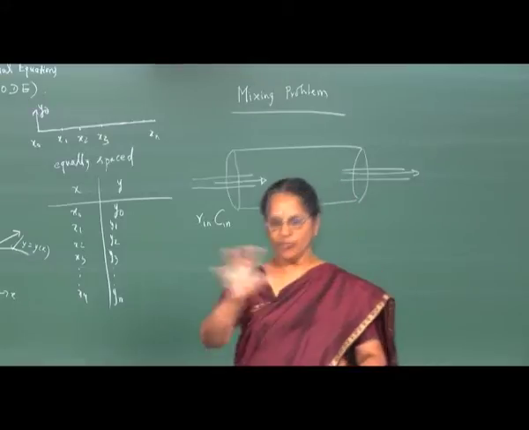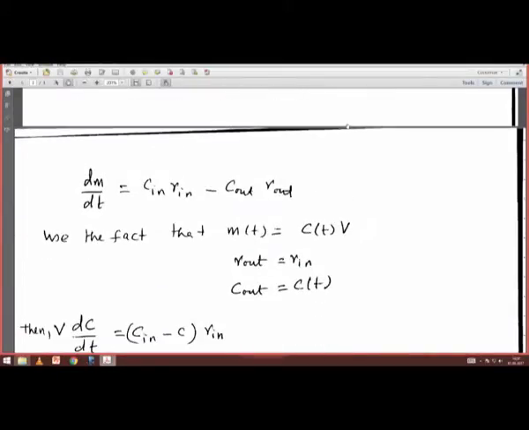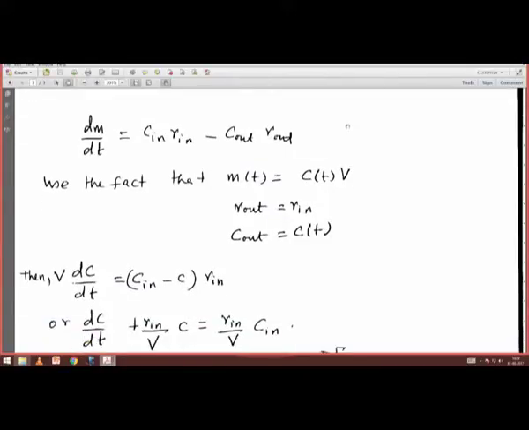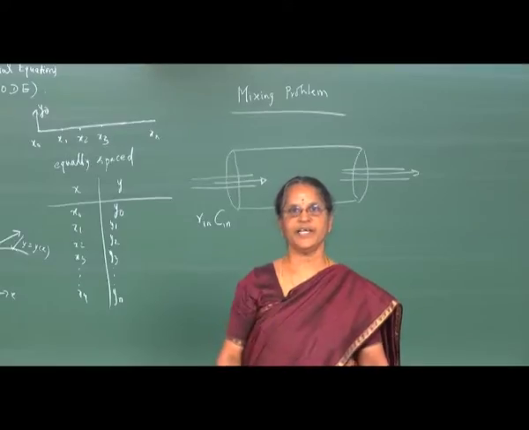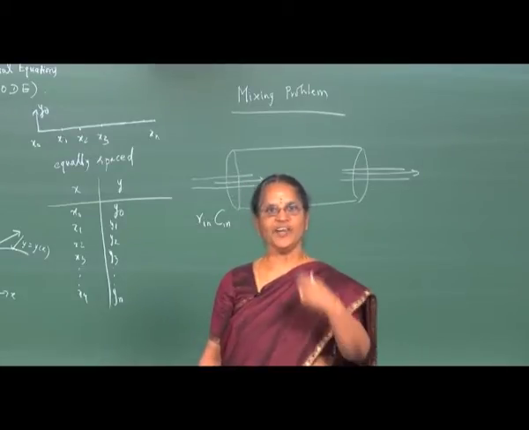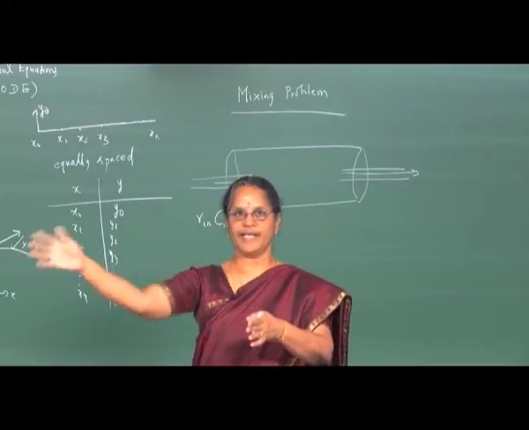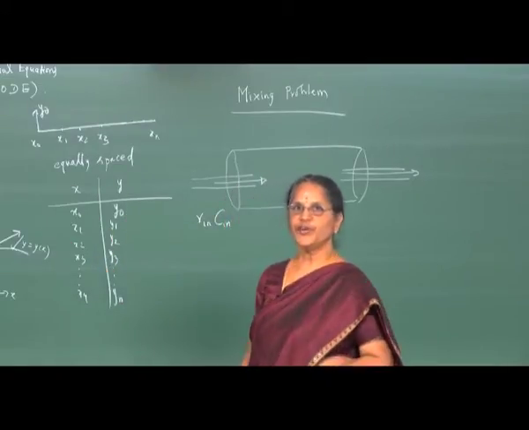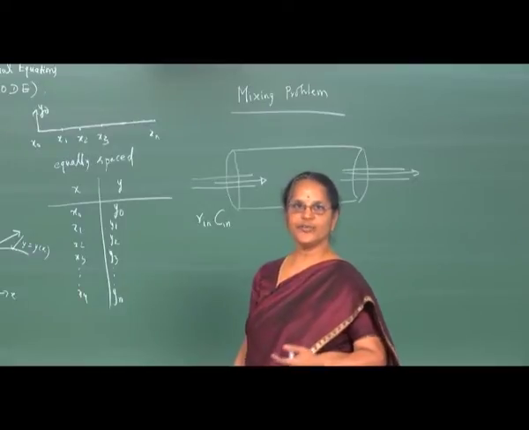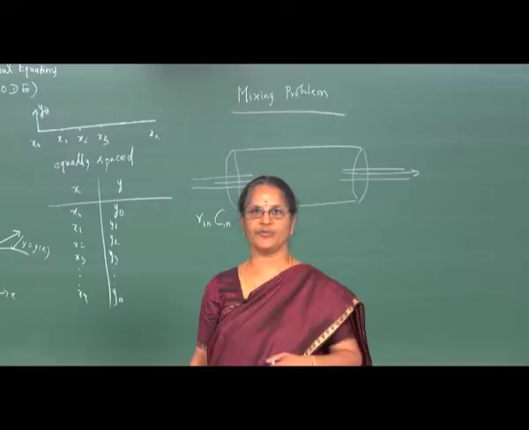So, we now substitute in the law of conservation of salt whatever is available to us. The rate of change of salt content in the container is going to be d by dt of m. It is rate of inflow minus rate of outflow. So, it is going to be C in into R in minus C out into R out.